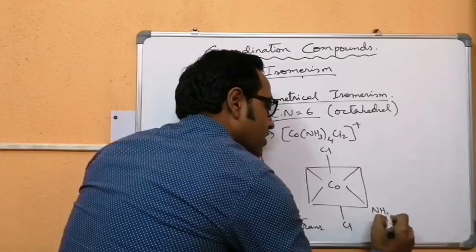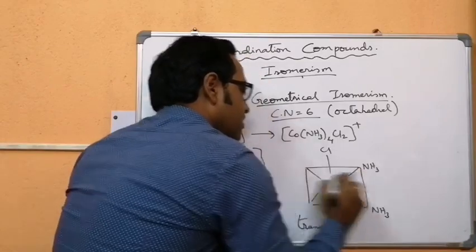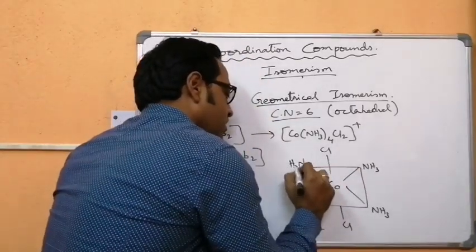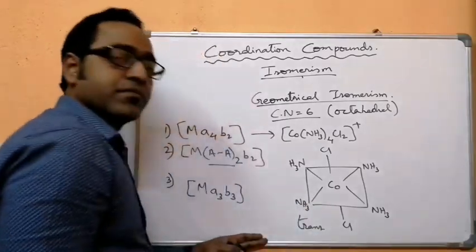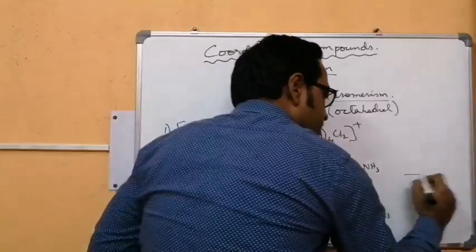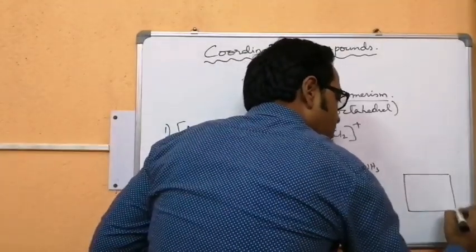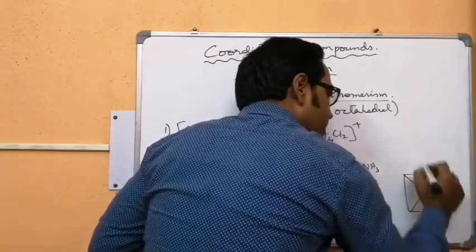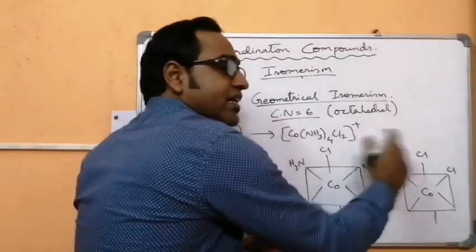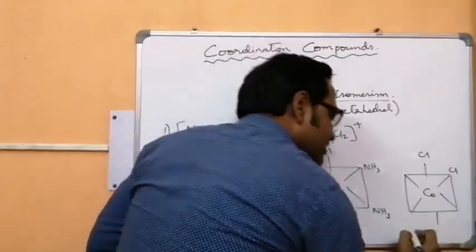Put the ammonia, when both the chlorine are taking adjacent position, it is the cis isomer.